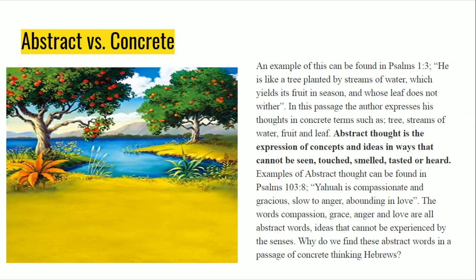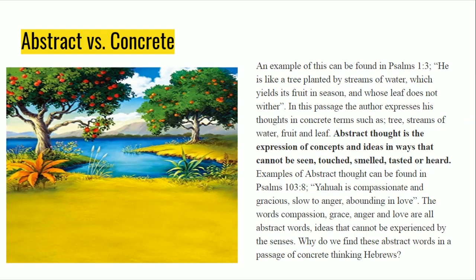So we're going to move on to abstract and concrete. This is the difference in how we have been trained to think and how our ancient ancestors thought. Greek thought views the world through the mind, abstract thought.